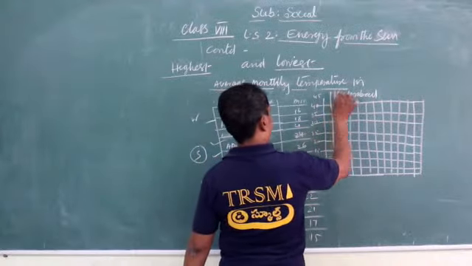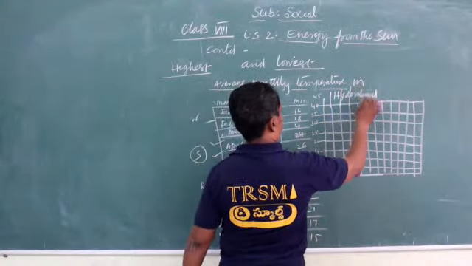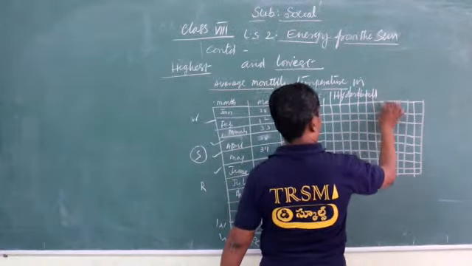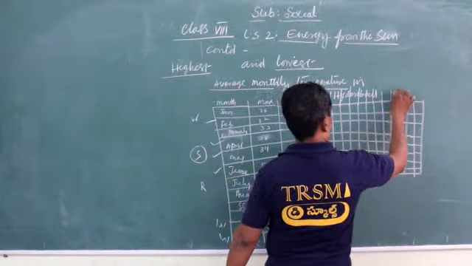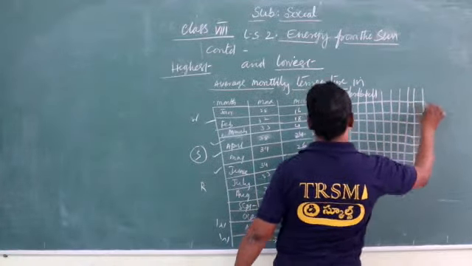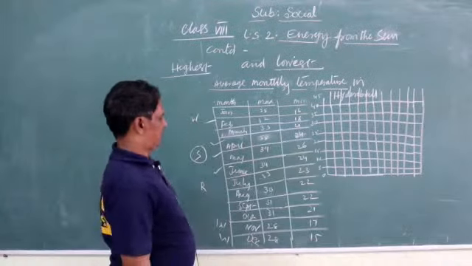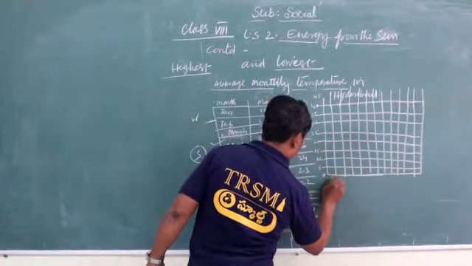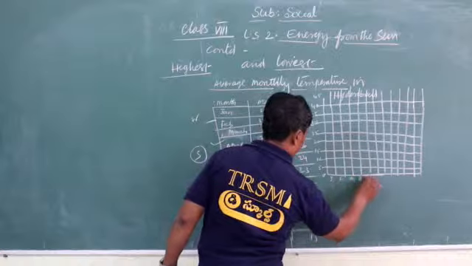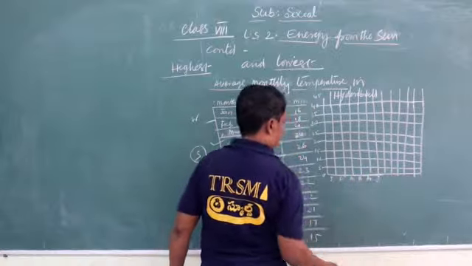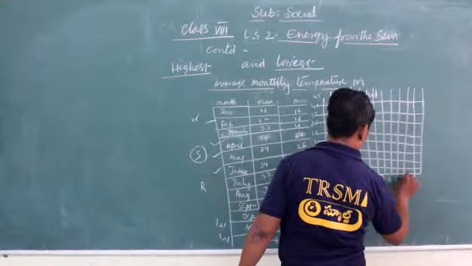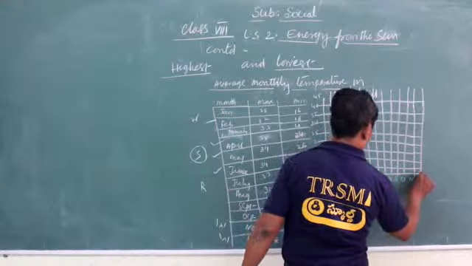Likewise, you can mark this also. So now easily, this is Jan, February, March, April, May, June, July, August, September, October, November, December.